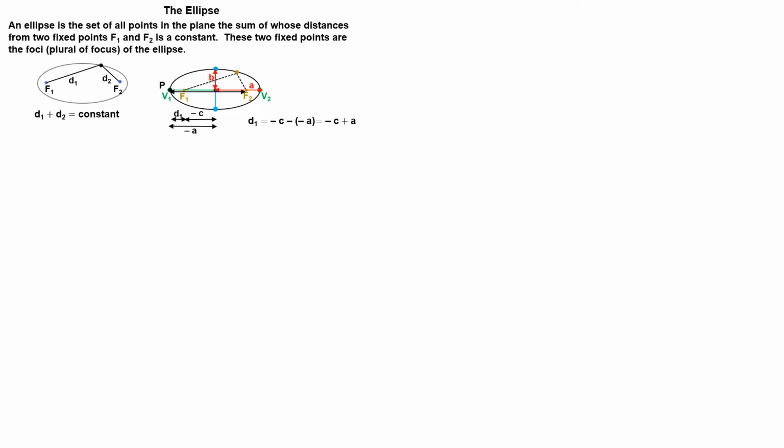Let d2 be the distance from focus 2 to point P. d2 is c minus a. As we can see, d1 plus d2 is 2 times a. This equation is very important to get the equation of an ellipse.